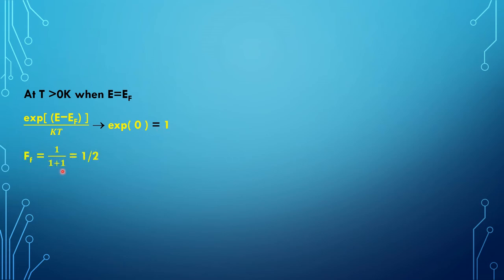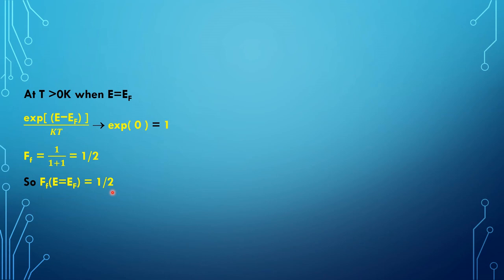So what is the Fermi distribution function? That is equal to 1 divided by 1 plus 1, that is equal to 1 by 2. So the half probability is reached. So the Fermi energy level is the highest occupied energy level, right? When electron energy is equal to the Fermi energy, we reach half of the energy state. So the probability of a state being occupied at E equal to EF is equal to half.